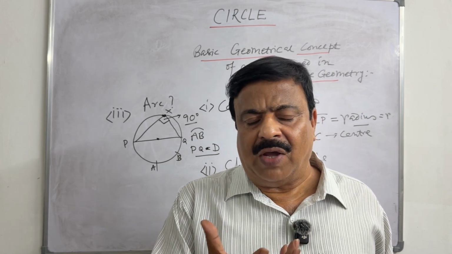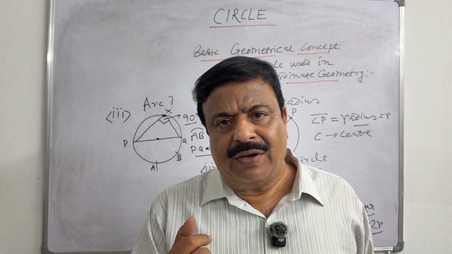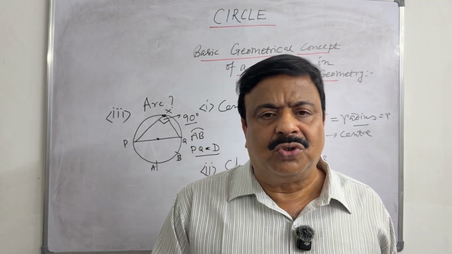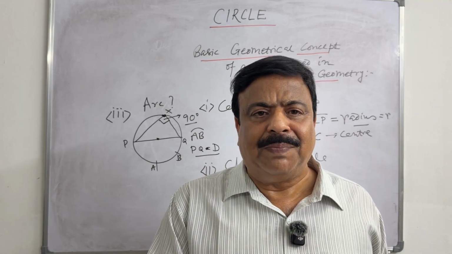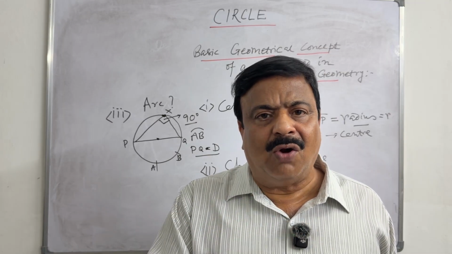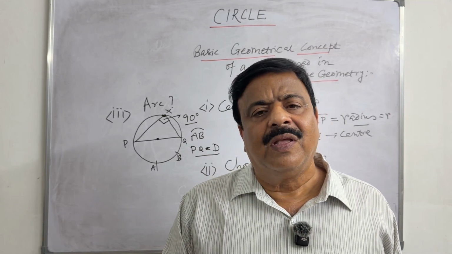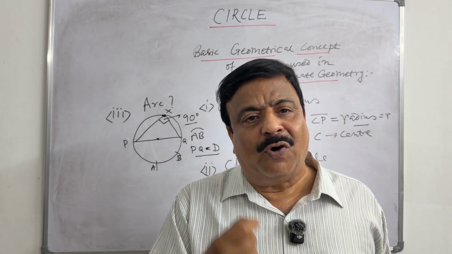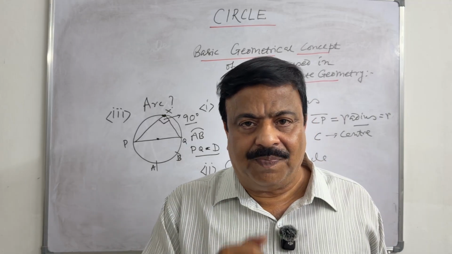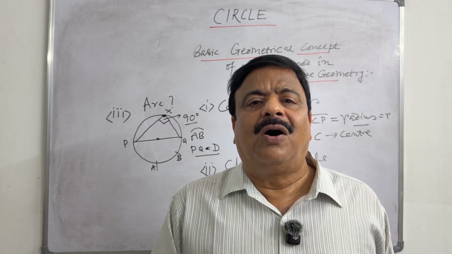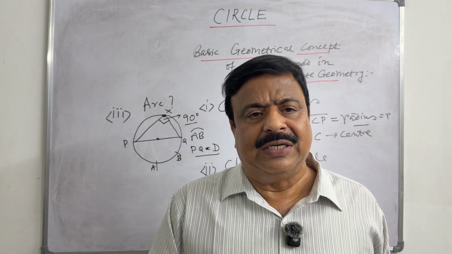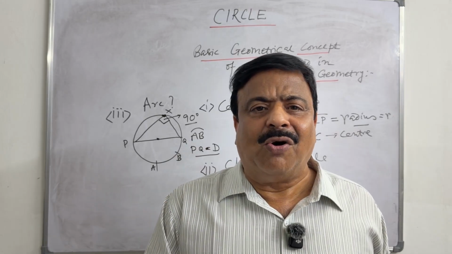So we have considered different objects like coin, wheel, CD, etc., and then we have understood the circle in a better way, taking examples of moving objects which are moving around a fixed point, like rotation of the tip of the blade of a fan, rotation of the tip of the second hand of a clock, rotation of any object around a fixed point, maintaining a constant distance. These are all clearing the concept of a circle.